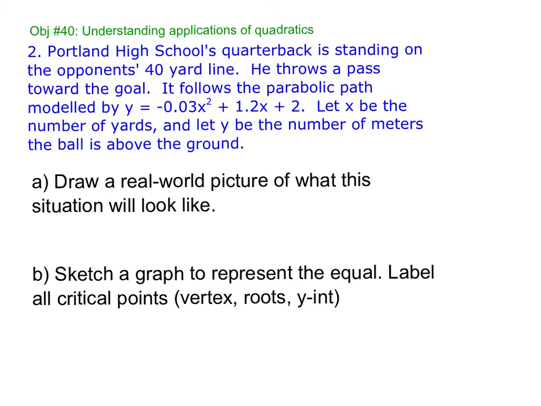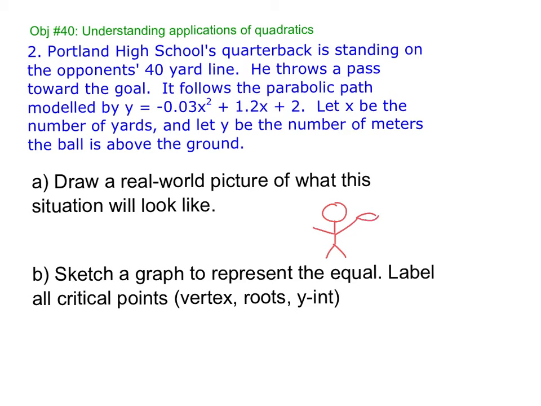A Portland High School quarterback is standing on the opponent's 40-yard line. He throws a pass toward the goal. It follows the parabolic path modeled by that. Let X be the number of yards and let Y be the number of meters the ball is above the ground. Draw a real-world picture of what the situation looks like. All right, so start with A and B. So here's my quarterback.